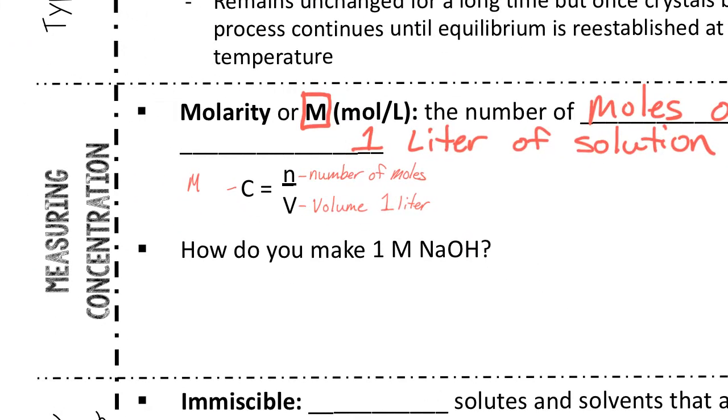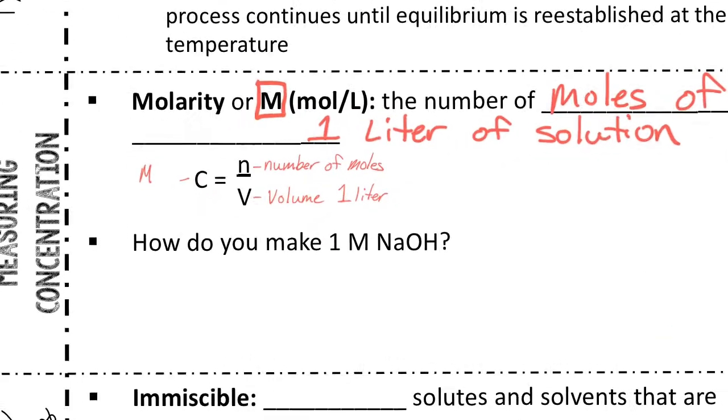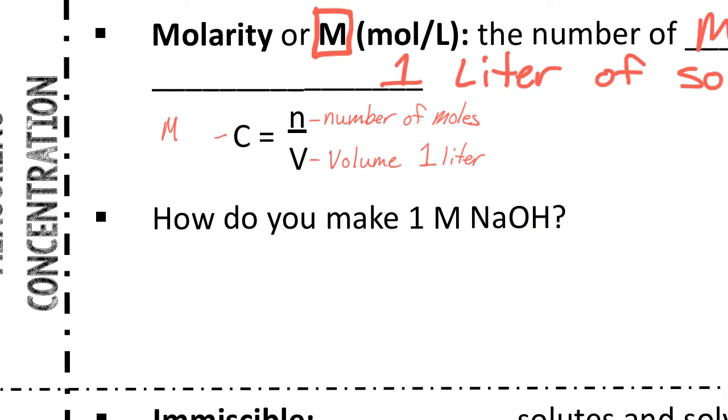Now, the steps for making a solution, if you want a 1 molar solution of NaOH, the first thing you're going to need to do, since we want 1 mole of NaOH, is figure out what is the mass of a mole of NaOH. So that means it's going to be in grams, so you're going to need to grab your periodic table and calculate the molar mass. So we have 1 sodium atom, that's 22.99.